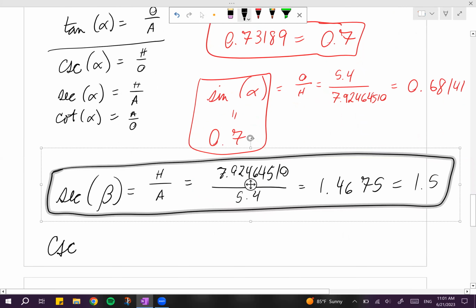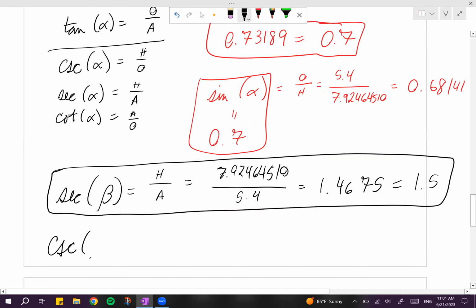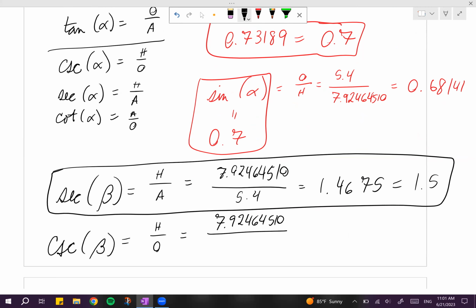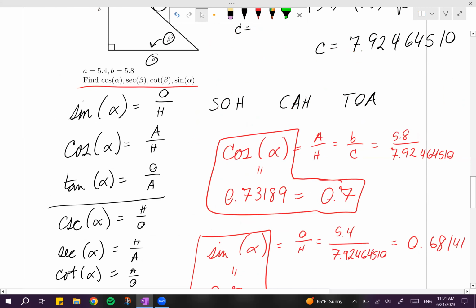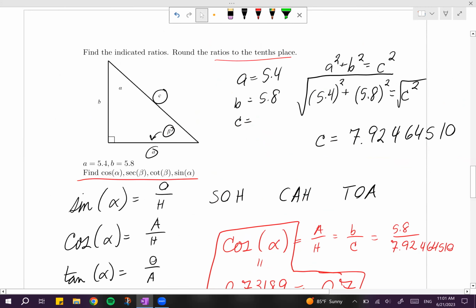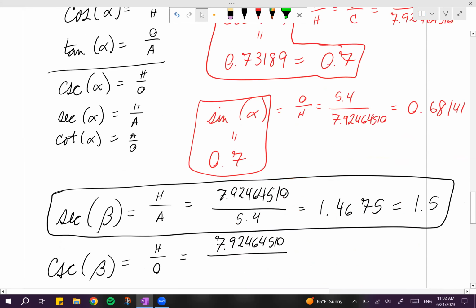And then cosecant of beta is hypotenuse over opposite. We know our hypotenuse is 7.924645510, and our opposite to beta. Oh, no, we're doing cotangent. I'm sorry, not cosecant.